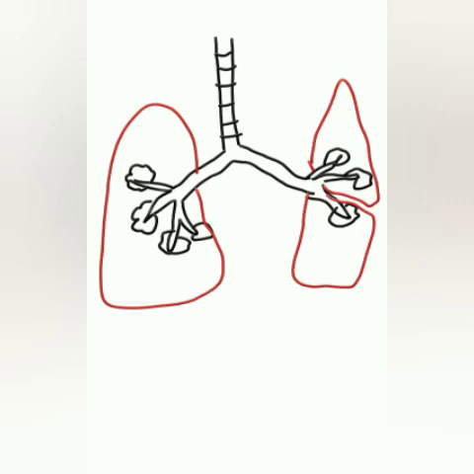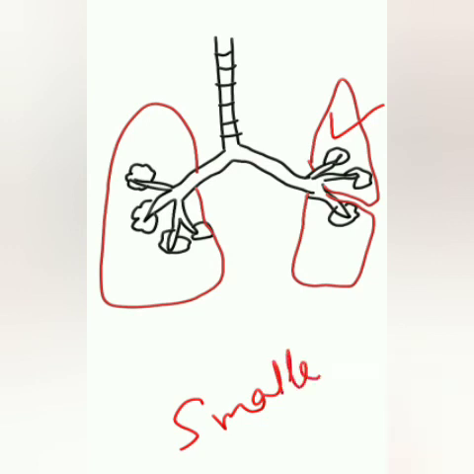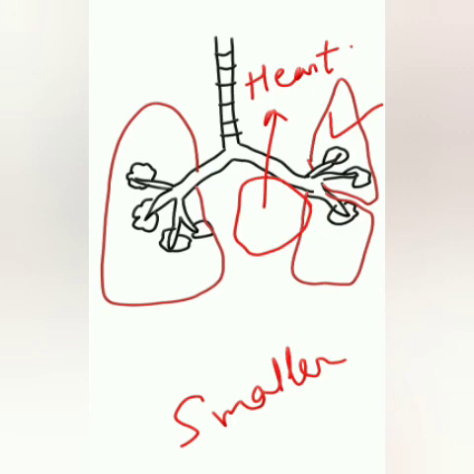So it consists of two lobes. And this left lung is slightly smaller to accommodate the heart in between. Whereas this right one has three lobes, but it is quite larger than the left one.